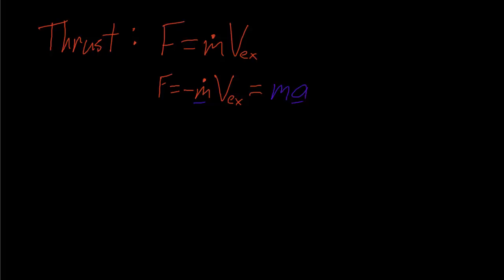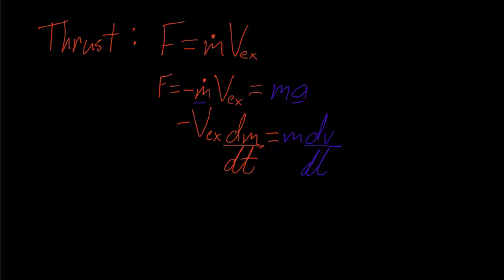So we can say that negative exhaust velocity multiplied by the differential of mass over the differential of time is equal to mass times the differential of velocity over the differential of time.